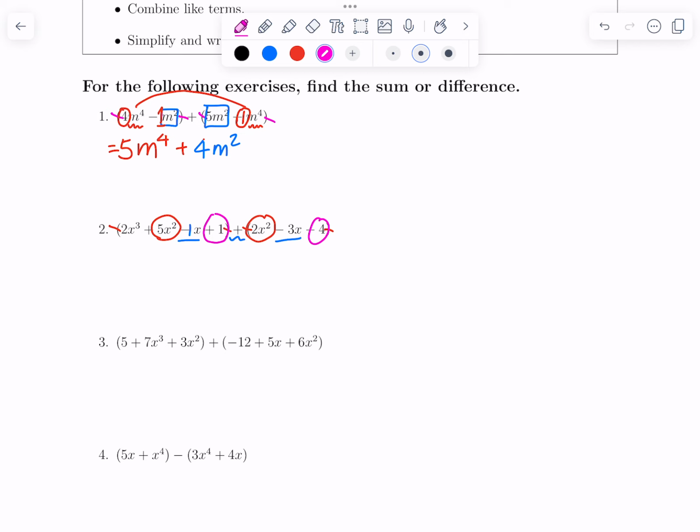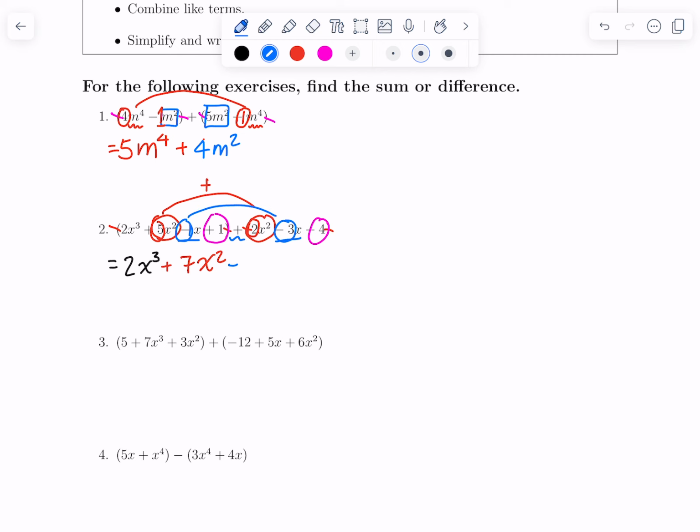So my next step is to combine them together. I only have one x cubed term over here, so I just copy that down: 2x cubed. Plus, the coefficient here is 5 and here is 2, so I only need to add them together, which is 7x squared. Here I have negative 1 and here I have negative 3.